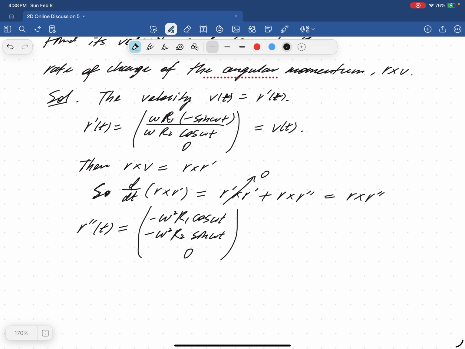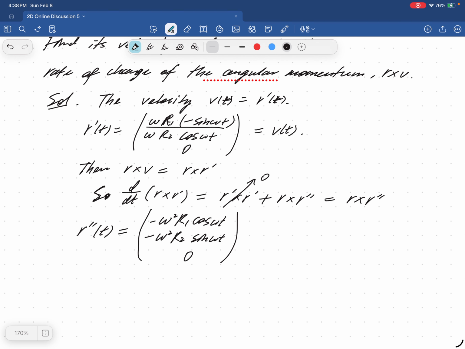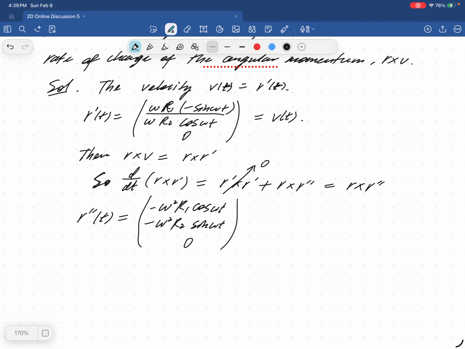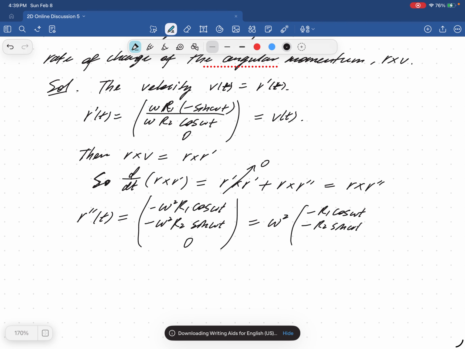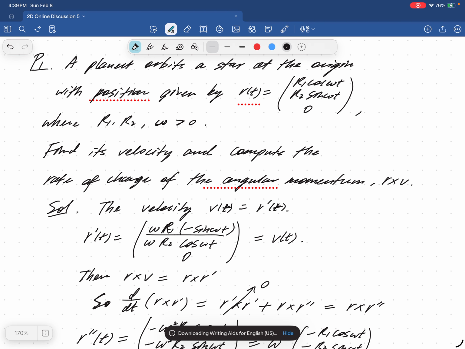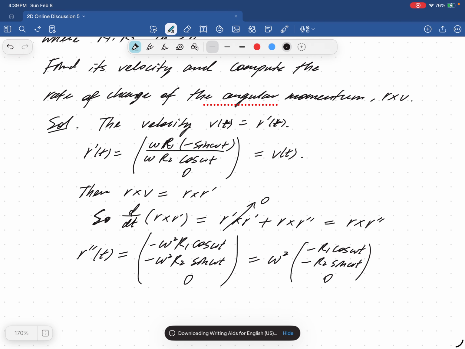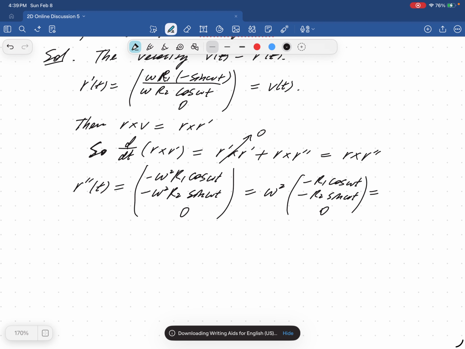And we have 0. And we see this is equal to omega squared times (negative r1 cosine omega t, negative r2 sine omega t, 0). Comparing this to our original r, we see this is exactly negative omega squared r(t).